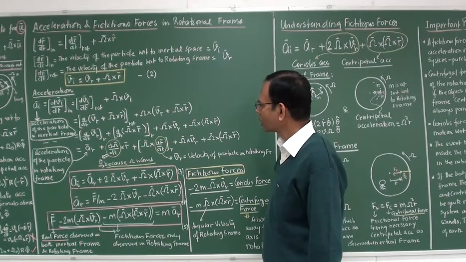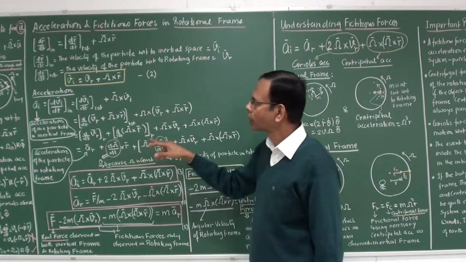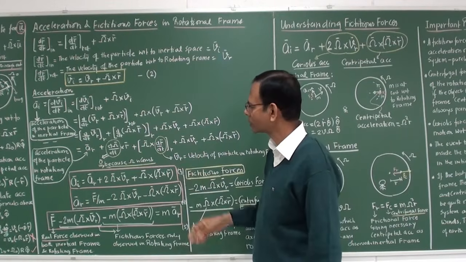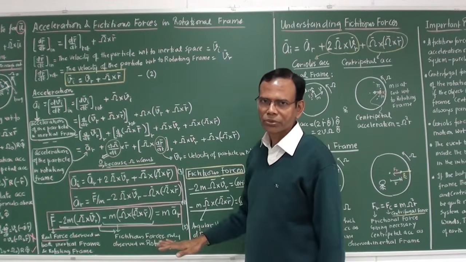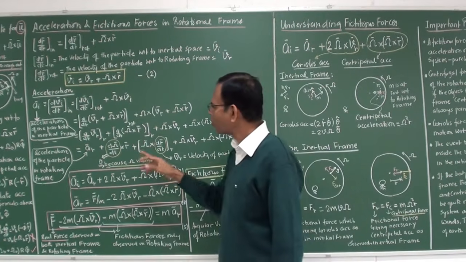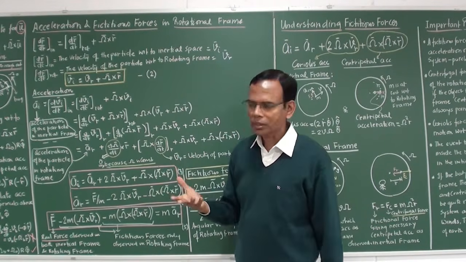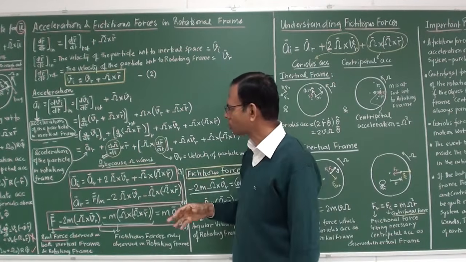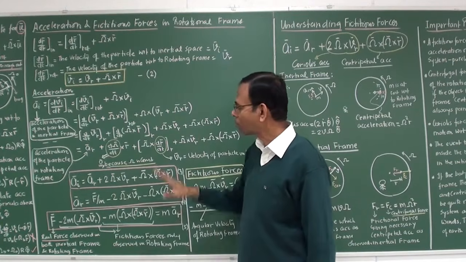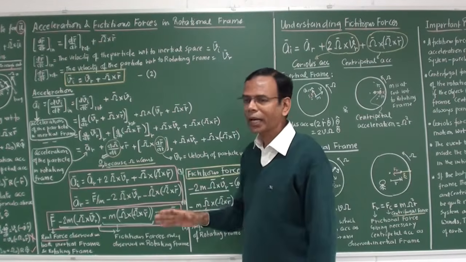Now here, when you write d omega by dt, as we initially started with the earth, but we can take it for any rotating frame. In these kinds of problems, whenever we deal with a rotating frame, we take omega as constant. Earth also has constant omega. So d omega by dt is 0 because omega is constant. But suppose you are solving a problem where omega is changing.